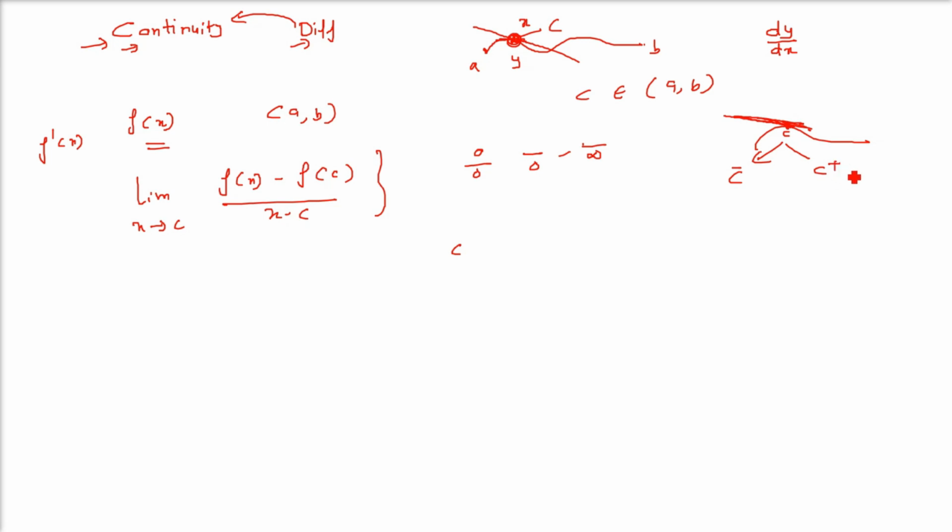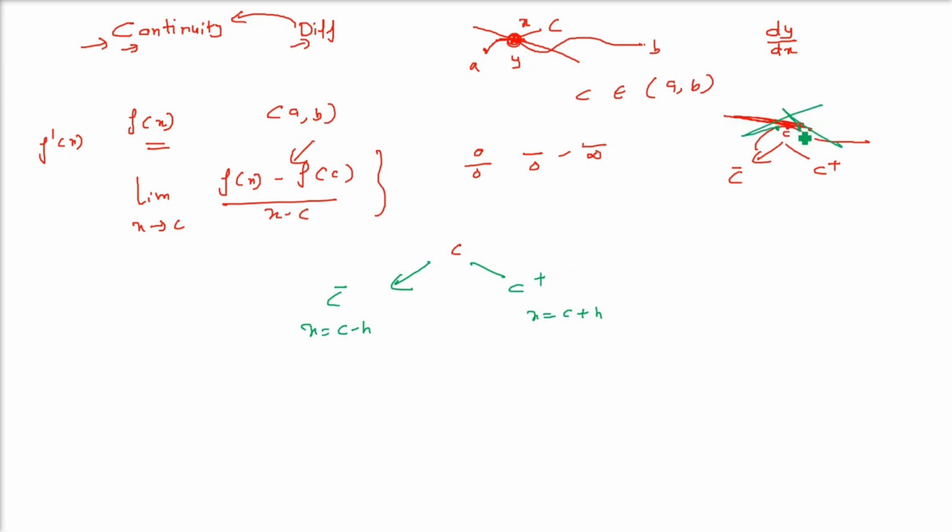So we go to c minus, and we go to c plus. That is, just go a bit behind c and go in front of c. Say we are checking at some point c in the interval (a, b). For the left hand derivative we take c minus h, that is, we are going just a bit backward, and c plus h, that is, we are moving in front of this c. c can be any value between a and b, and you have to check the differentiability at that c.